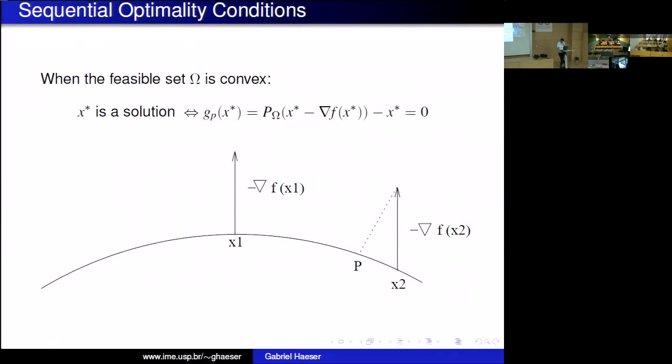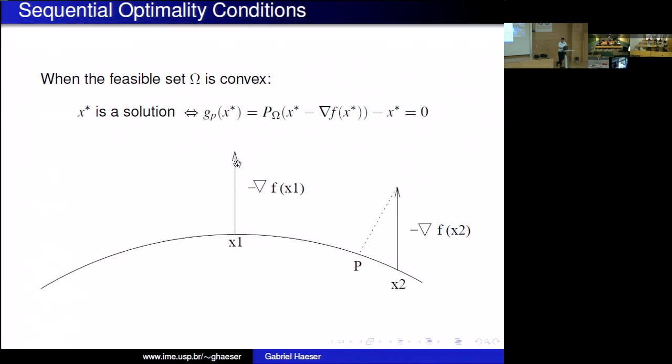And just to motivate this definition, we can look at a convex set. So let's assume that these constraints H and G form a convex set. In that case, you can characterize a solution, x star, by looking at this projected gradient. If this projected gradient is zero, then you are at a solution and this is equivalent. So this is the set omega, it's a convex set.